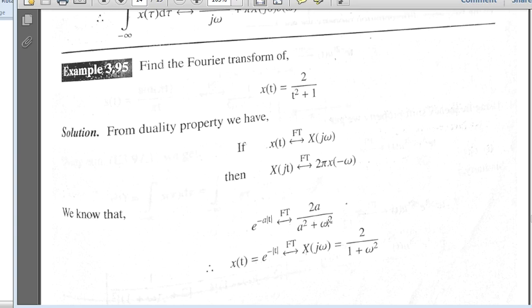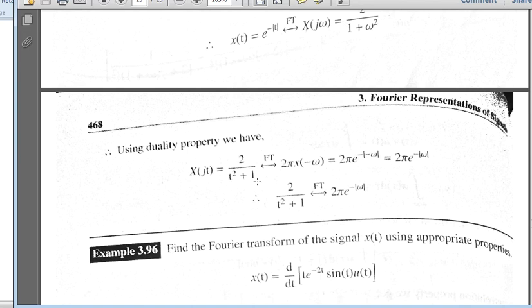It is 2a divided by a square plus omega square. So if our x of t is equal to e to the power minus magnitude of t, meaning the value of a is 1, then we get 2 divided by 1 plus omega square, and to get this t we are using that duality property.